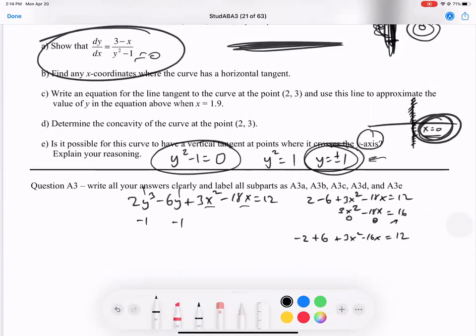We move these over, it becomes 8. 3x squared minus 18x. Now, remember, I only care that x is 0. At x is 0, does the graph look like 8? No. Nope. So of the two places where y is equal to plus or minus 1, none of them was x equals 0.